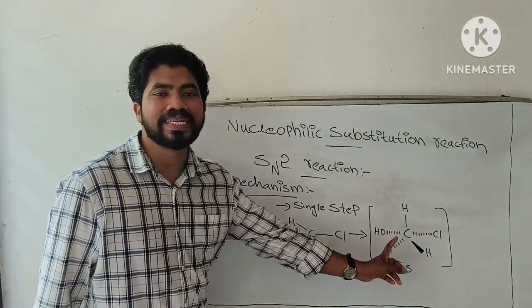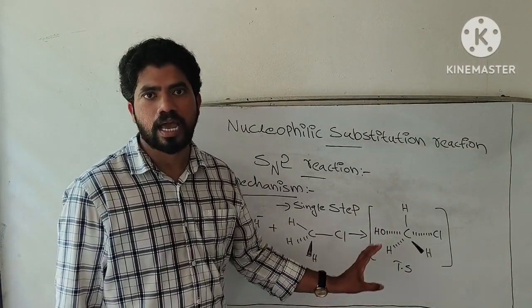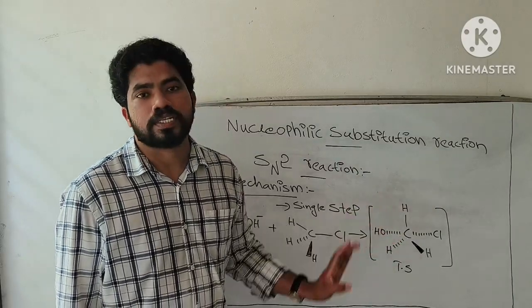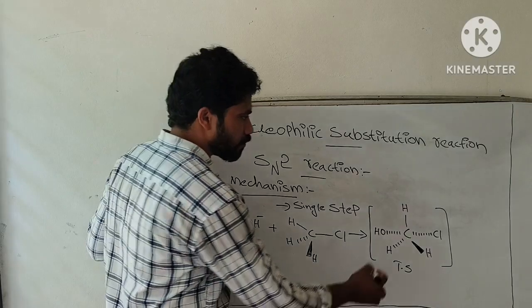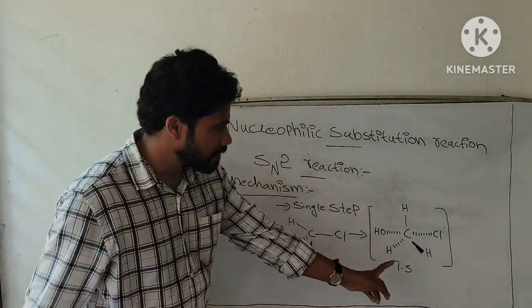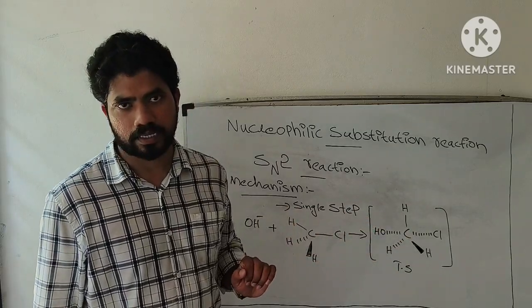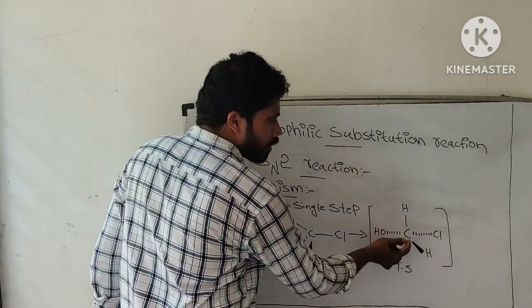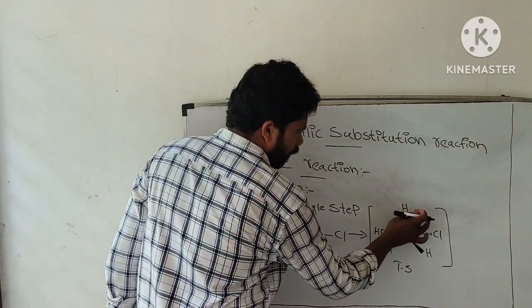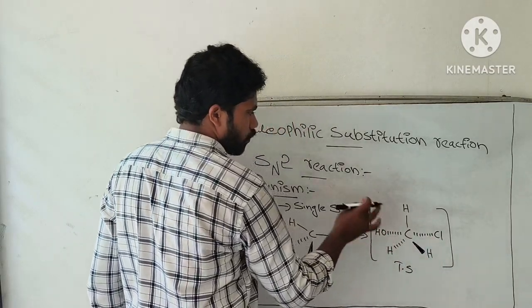This is a penta-coordinated transition state. That's why it is unstable and cannot be isolated. You know, the valency of carbon is 4. But in this transition state, carbon is combined with 5 atoms, including OH: one hydrogen, chlorine, then two hydrogens, then OH.